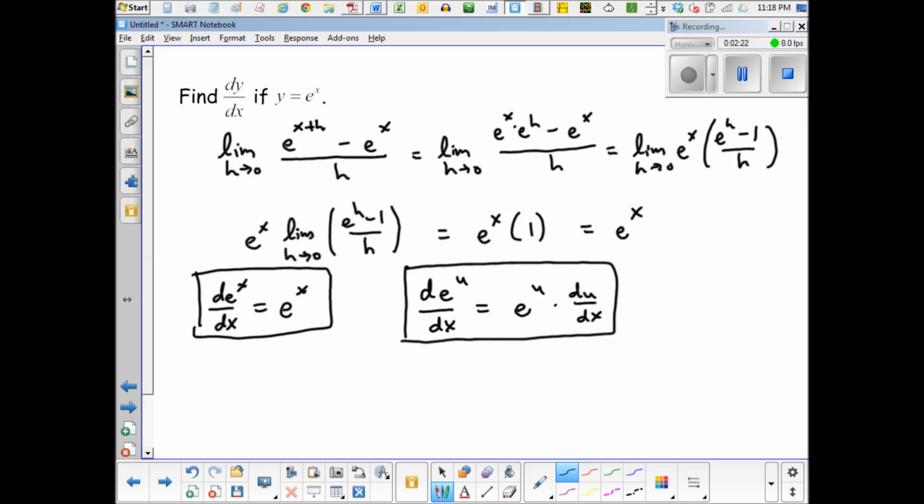Or if we want to go with this notation, we could say the derivative of e to the u, where the prime implies that the derivative is being taken with respect to x, is e to the u times u prime. This is a nice way to write things. Just don't confuse the prime marks for power 1.